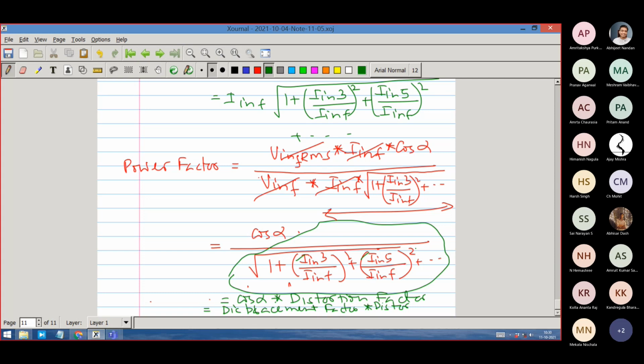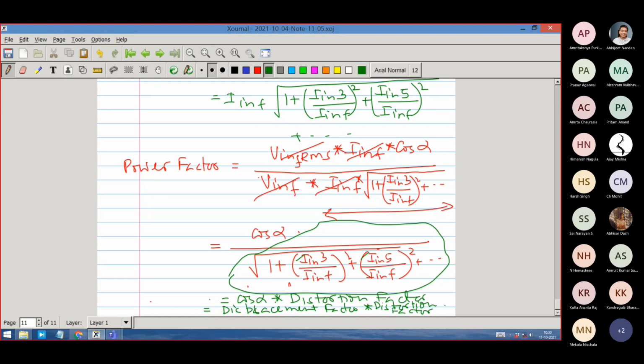Otherwise the distortion factor will be less than 1, which may be 0.8, 0.9, 0.7, and looking at this number, you will realize the amount of harmonics present in the actual waveform. So this is displacement factor into distortion factor.